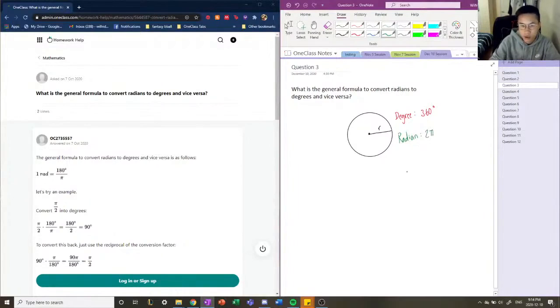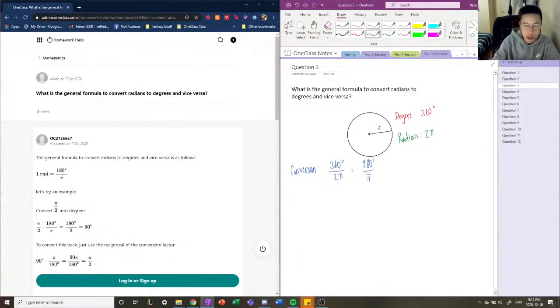So the conversion formula between degrees and radians is 360 degrees divided by 2 pi. This has units of degrees and this has units of radians. If we simplify that, that will be 180 degrees over pi. So we can use this formula to help convert between degrees and radians.